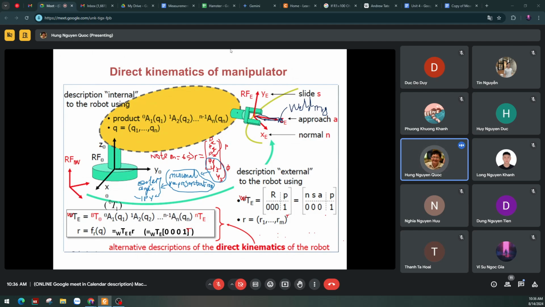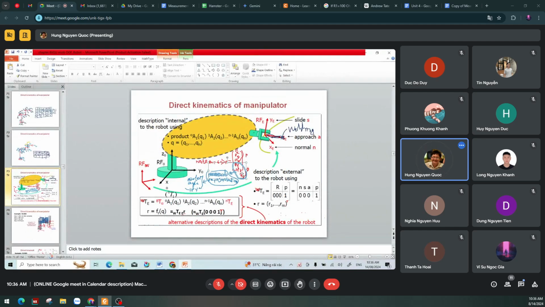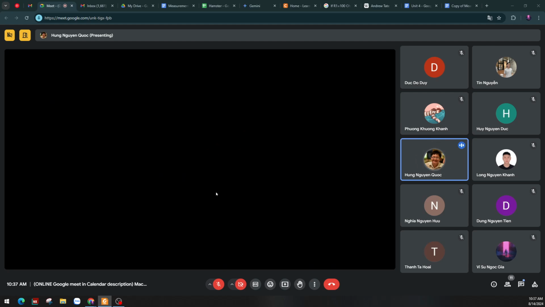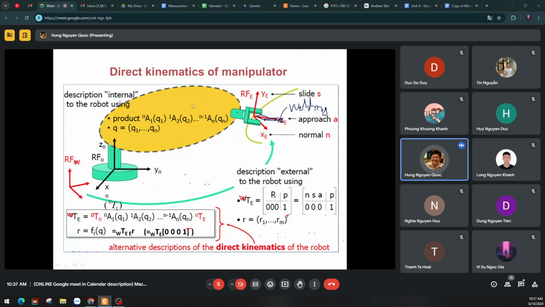This is just for the general scenarios of robot modeling.